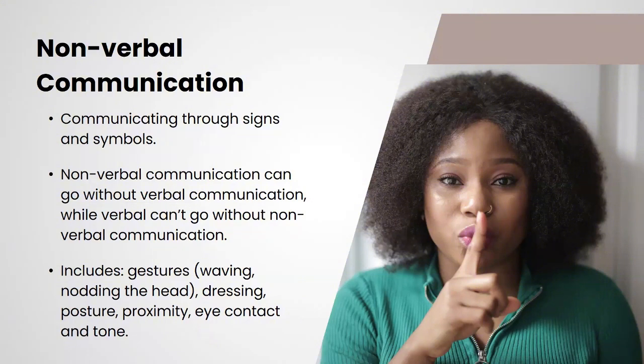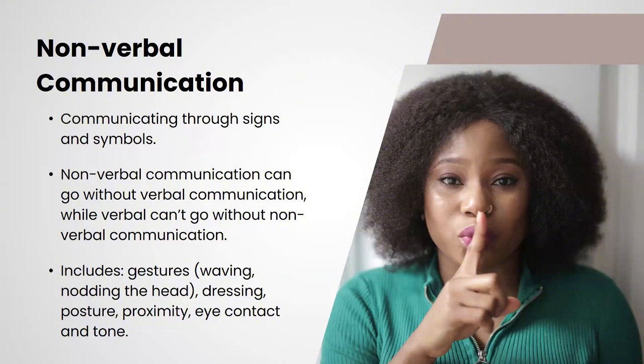For example, let's say you are going into an interview and you are dressed in a suit, the posture, the proximity, the distance between communicators. For instance, you are trying to speak to your audience, but you are sitting very far away, or you are very close.